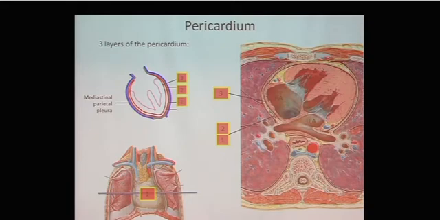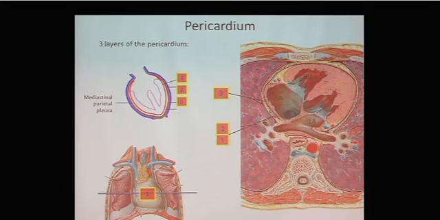All right. So what I want to show you in the picture, this outer layer right here, is the fibrous pericardium lined by the parietal serous pericardium. And then the inner layer that's really flush up against the heart is the visceral serous pericardium. Okay, so it's really attached firmly to the myocardial or the cardiac muscle.